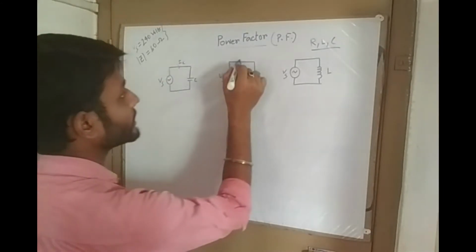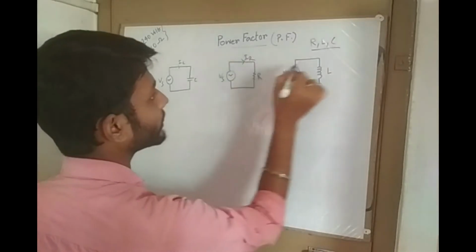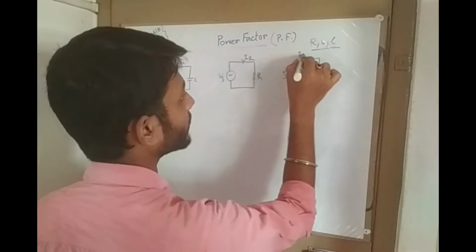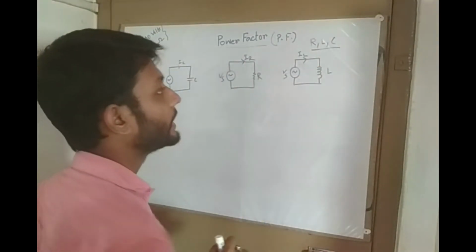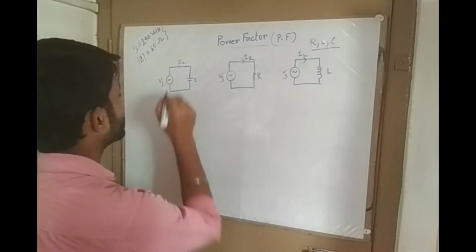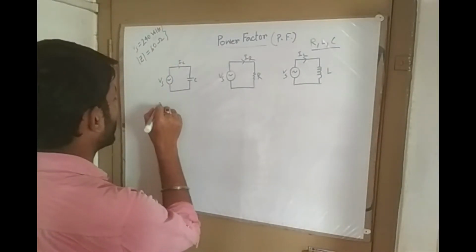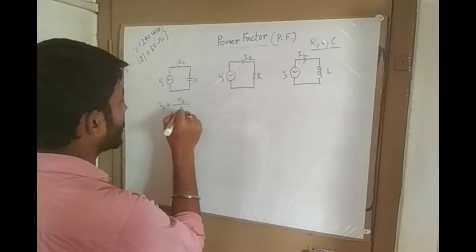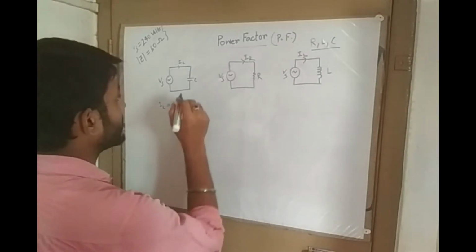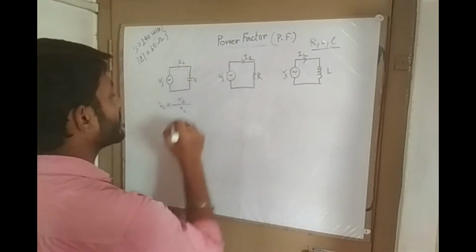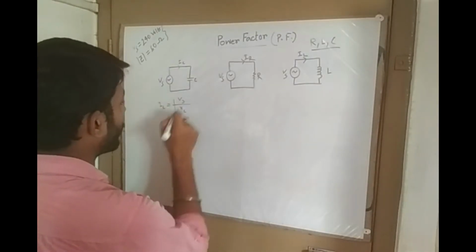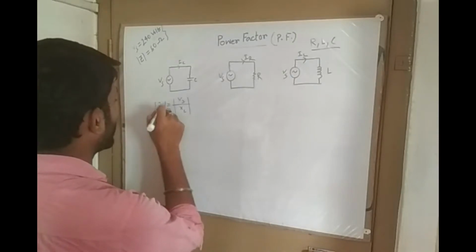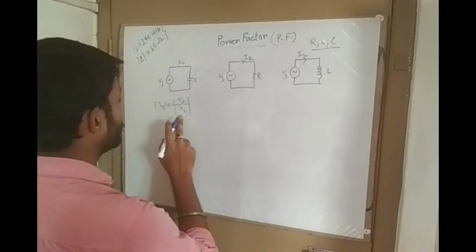Then see, this is IC, this is IR, and this one is IL, the inductive current. So from here, the IC value will be equal to Vs divided by Xc. Here, if we take the mod current value, then we will take the modulus of this.